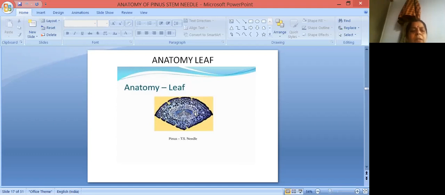Now coming to the vascular bundles. There are two vascular bundles present. Conjoint collateral, like the dicotyledon stem anatomy we discussed in the last class. Conjoint is where the xylem and phloem are arranged on the same radial axis.